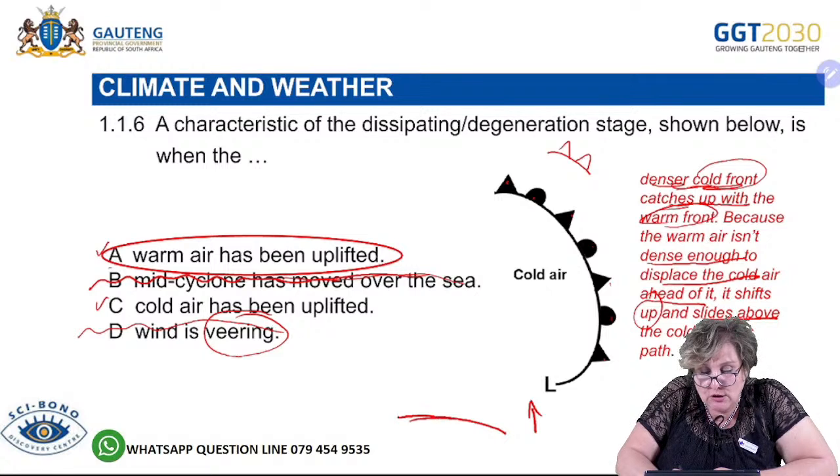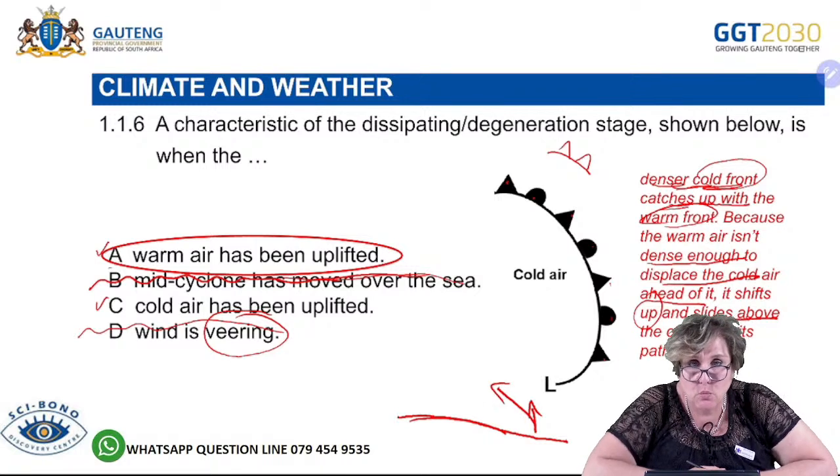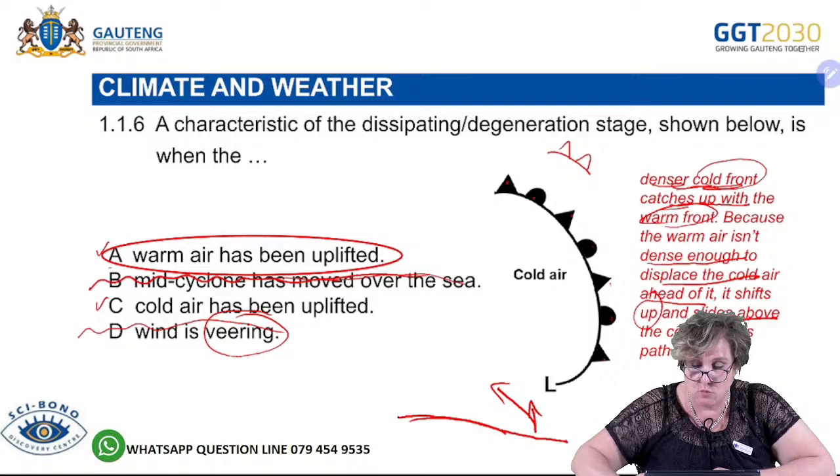So this cold air moves in beneath the warm air and forces the warm air to rise. It is because cold air is heavier and more dense than warm air.